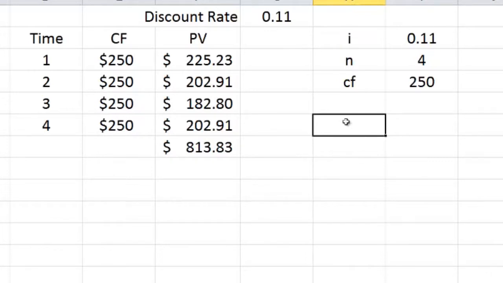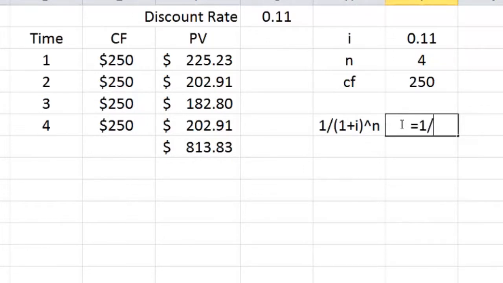When you're calculating this equation, I think it's an advantage to do it in steps. So the first step I take is I calculate this part of the equation. 1 divided by 1 plus I to the n. That's my first step I calculate. So 1 divided by 1 plus I to the 4th.